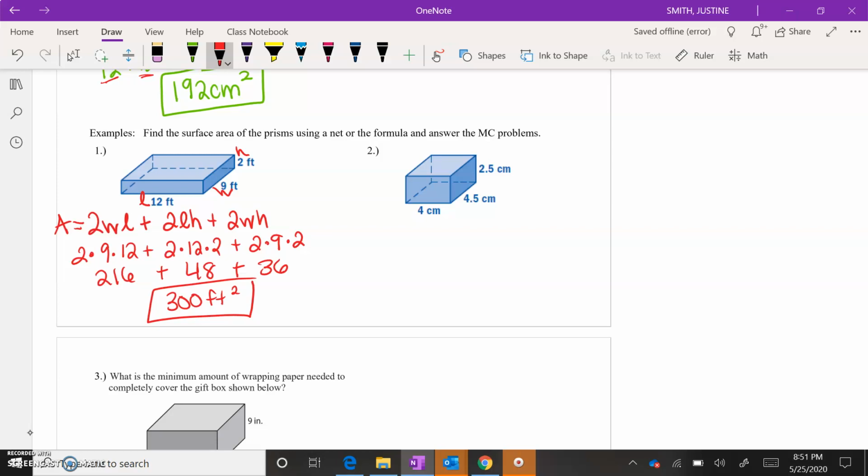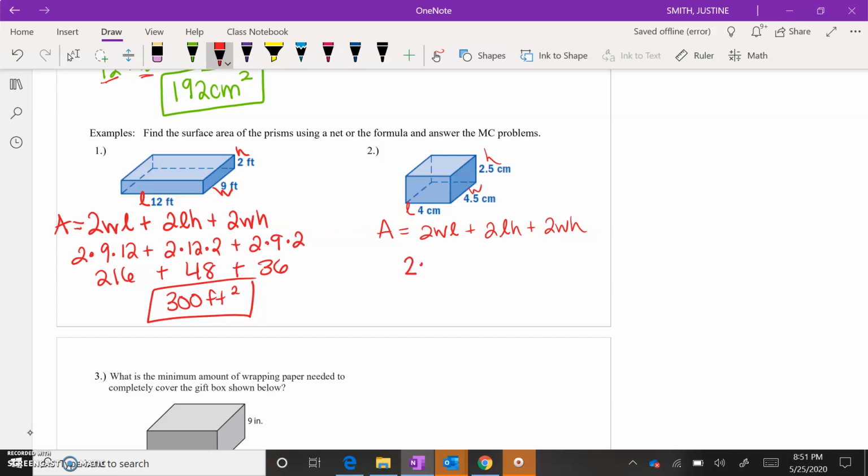All right, so if you don't want to do the formula, again, you could draw out the net, do it that way as well. So again, I'm going to use the formula again. So 2 times width times length plus 2 times length times height plus 2 times width times height. And this is my length, my width, and my height. I would really suggest if you're using the formula to label your length, width, and height so you're not by accident switching them up in the formula.